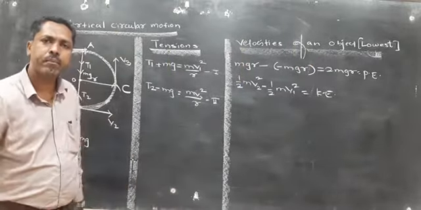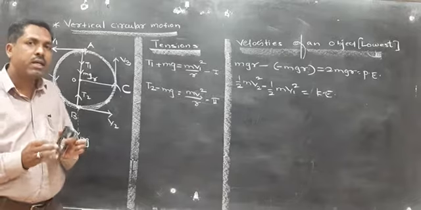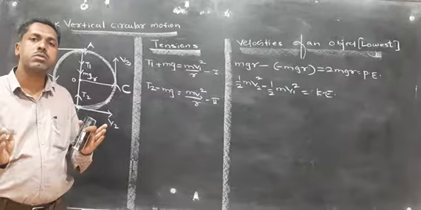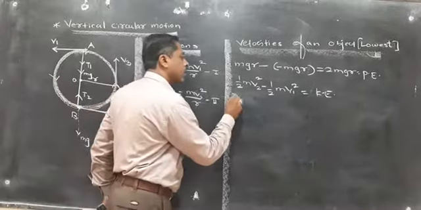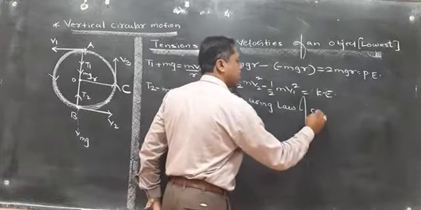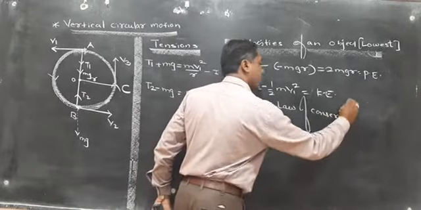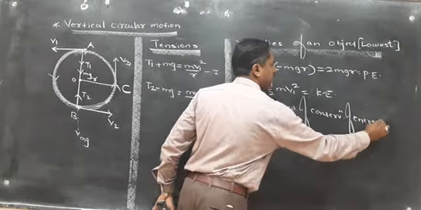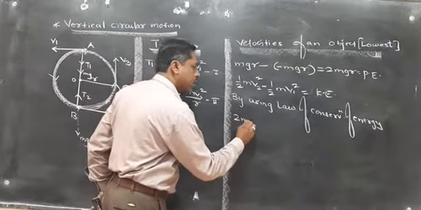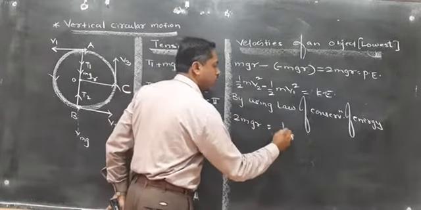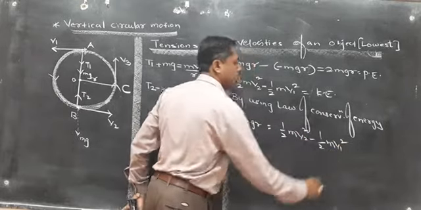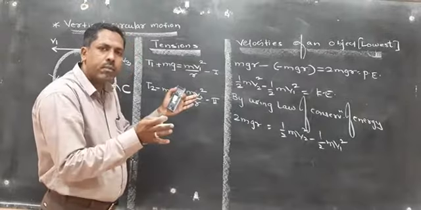But it is said that energy can neither be created nor destroyed, it remains conserved, it remains constant. So by using the law of conservation of energy, we can write that twice mgr is equal to 1/2 m v2 square minus 1/2 m v1 square, equating potential and kinetic.